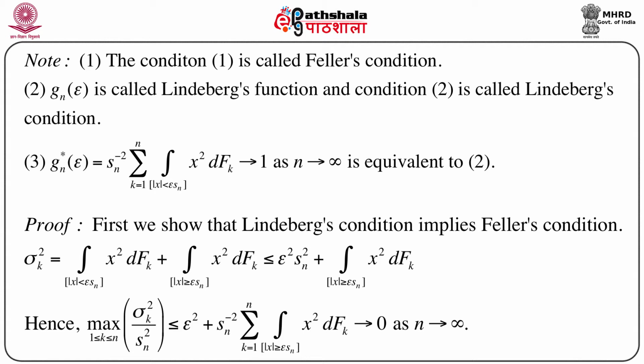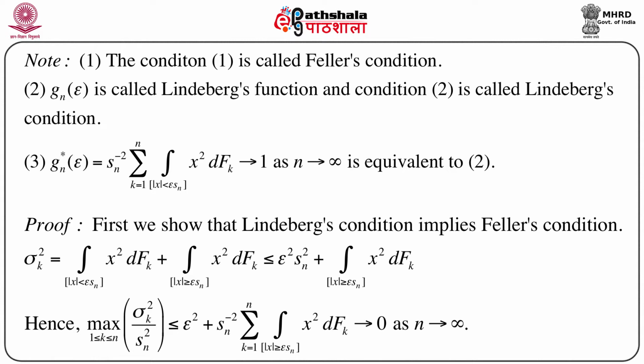Then, if we consider sigma k square by Sn square and take the maximum over k between 1 and n, we can immediately write that this is less than or equal to epsilon square plus Sn to the power minus 2 summation k equals 1 to n of the integral over mod x greater than or equal to epsilon Sn of x square dFk.